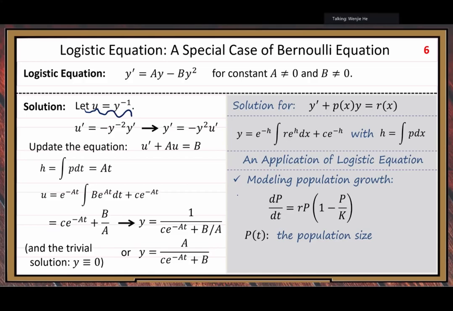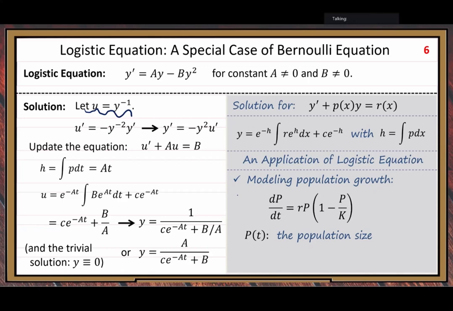This is the modeling ODE for the population growth, and it is a special case of the logistic equation. The logistic equation can cover more than that. But in this special form, that's the question here.